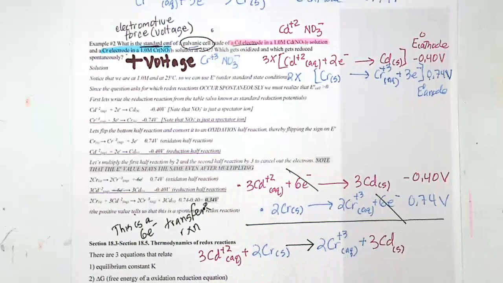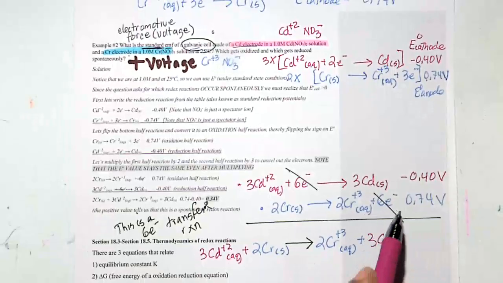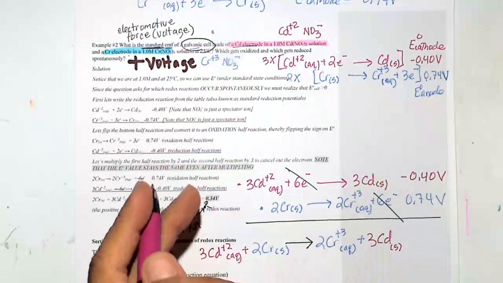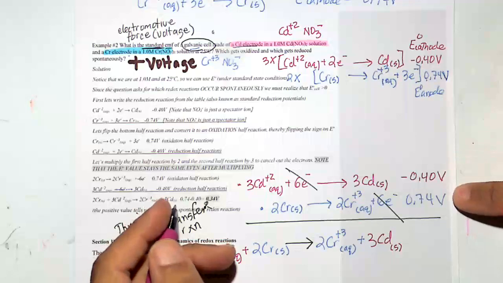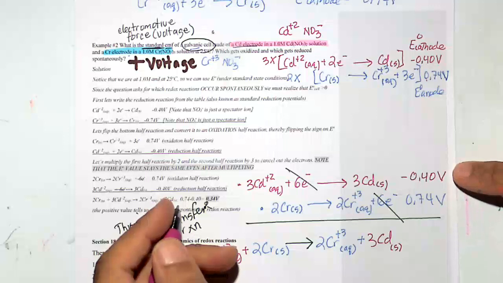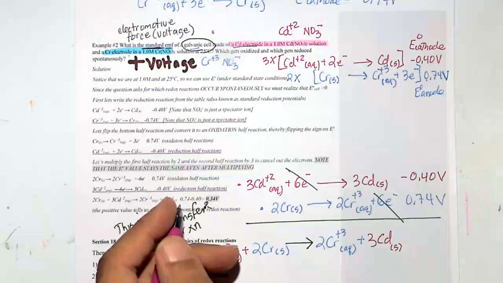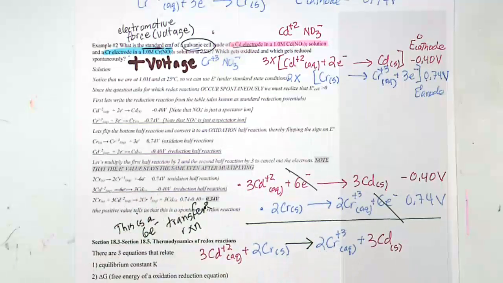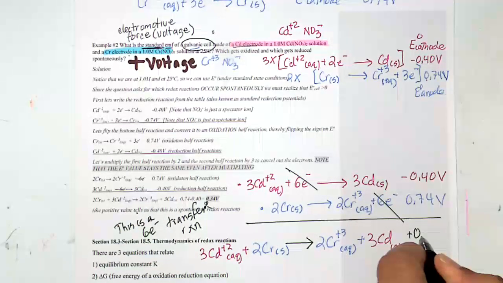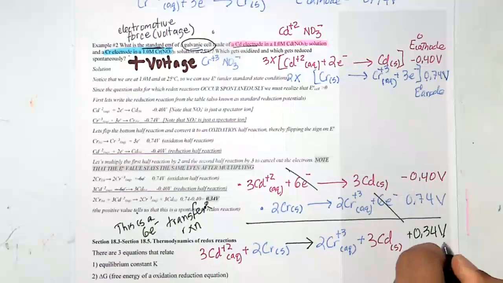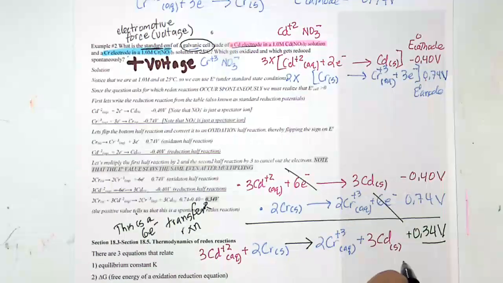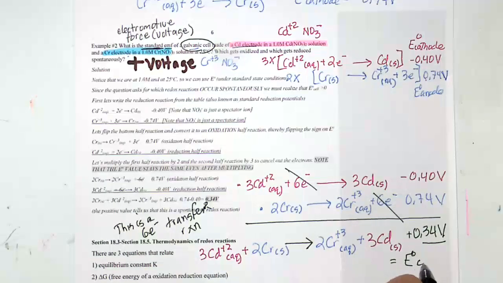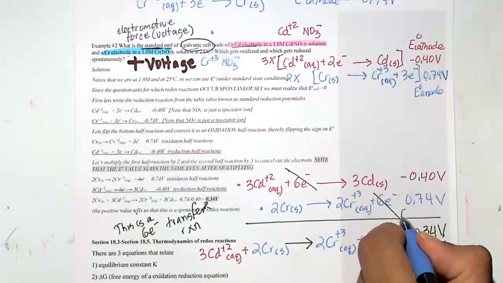Okay, and then we add these two reactions. We add the corresponding voltages. Remember, this is the cathode, this is the anode, and what is minus 0.40 plus 0.74? It's positive 0.34 volts. Hey, it's positive, and that means it's a spontaneous reaction, and that is E cell. And this is the answer.